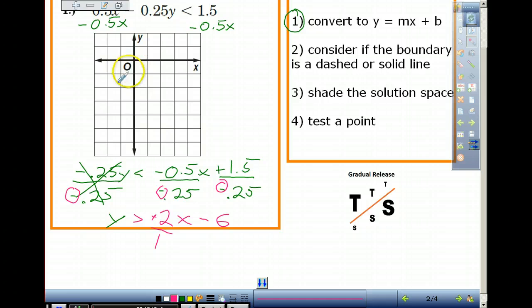Let's see here. So we go minus 6. 1, 2, 3, 4, 5, 6, negative. 6 down is negative 6. Up 2 over 1. Up 2 right 1. Up 2 right 1. So much fun. Solid or dotted? Dotted.